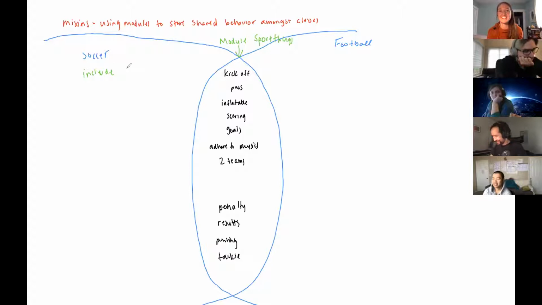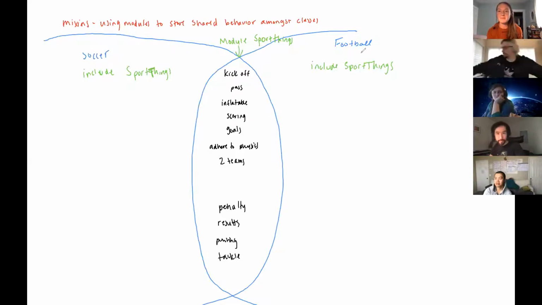Sure, we'll say include SportThings. I should have made this capital there, camel case. And same thing over here, hey, include SportThings. This is just a silly example right now. But with this single line in here, as well as requiring the file where that module is, these classes still have access to those methods as if those methods were still in that class.